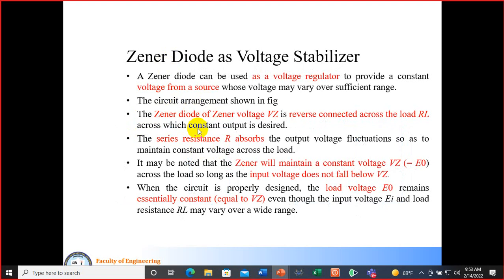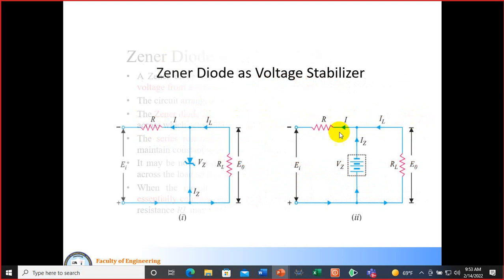The zener diode of zener voltage VZ is reverse connected across the load RL, across which a constant output is desired. So we desire a constant output across this load. It will always remain fixed even though this source varies.